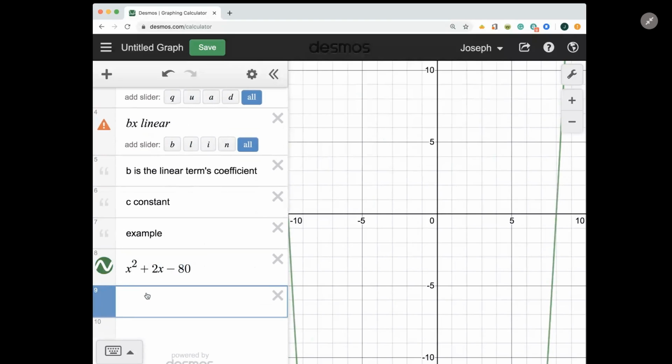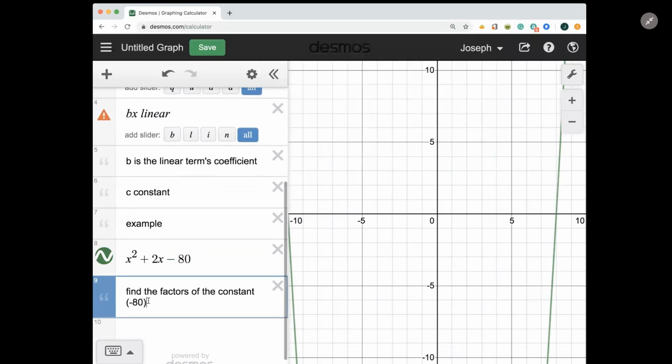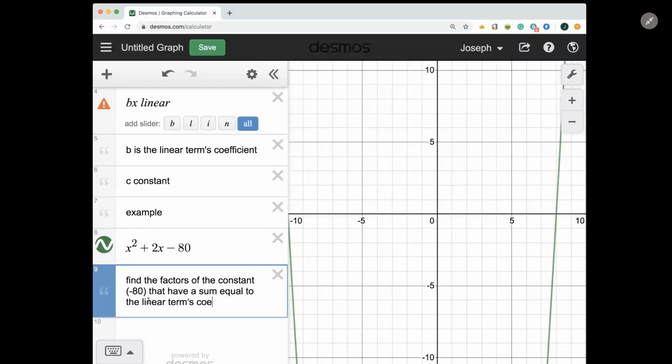So when you find a quadratic polynomial in that form, the best method for factoring starts with finding the factors of the constant that have a sum equal to the linear term's coefficient. So find the factors of the constant, negative 80 in this case, that have a sum equal to the linear term's coefficient, which in this case is 2.